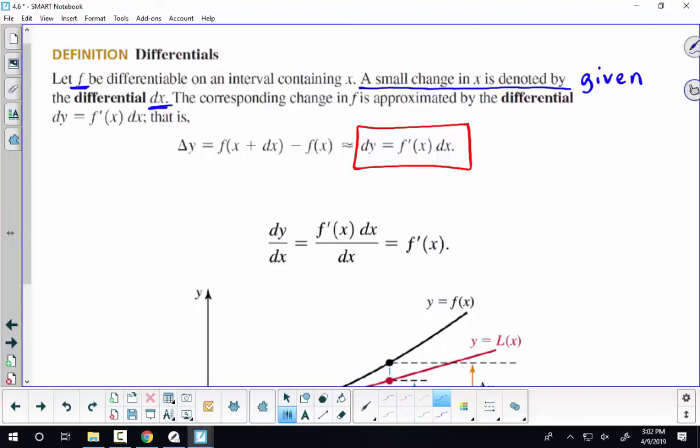Or whatever. You can think of functions describing a multitude of things, but the differential says that given a small change in the input, we can measure how much that affects or changes the output. Okay, questions on any of that?